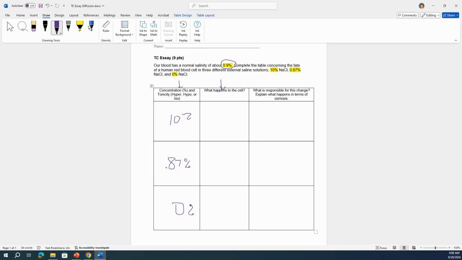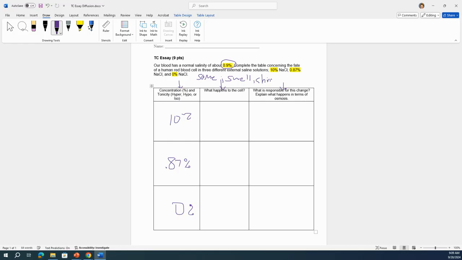Now, in this column, you're going to tell me what happens to the cell. And this does not need to be complicated at all. And over here is where you're telling me why, okay? So this is going to be really simple. When it comes to what happens, you pretty much have three options. The cell is either going to stay the same, the cell is going to swell, or you could say possibly lyse, or the cell is going to shrivel.